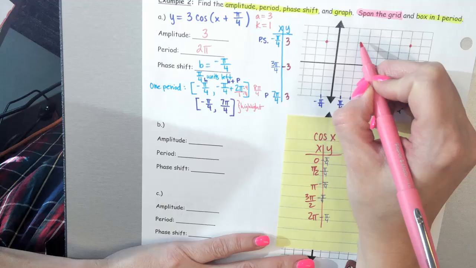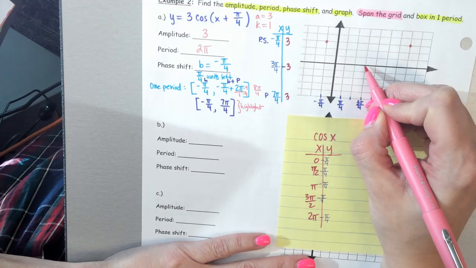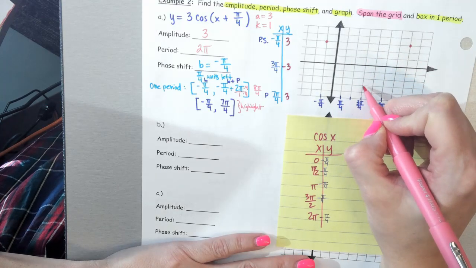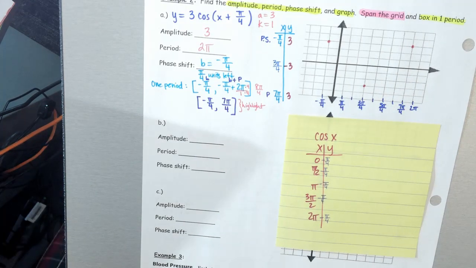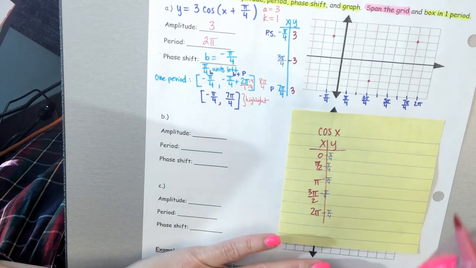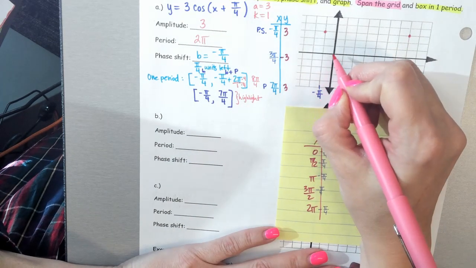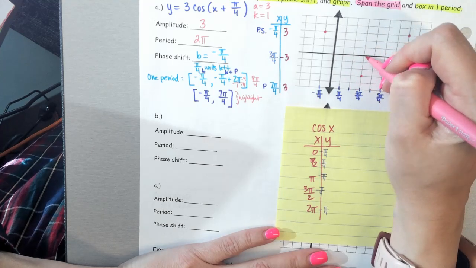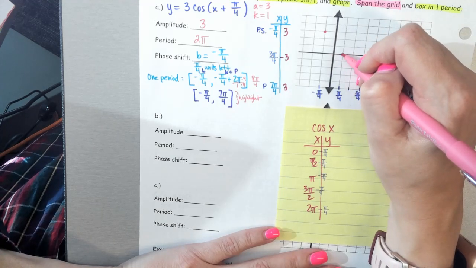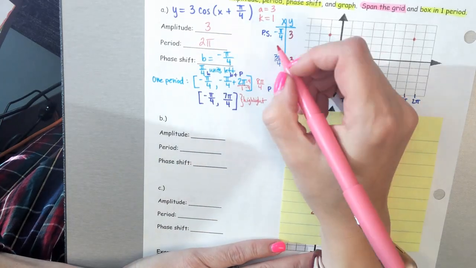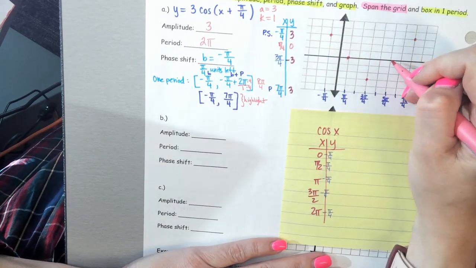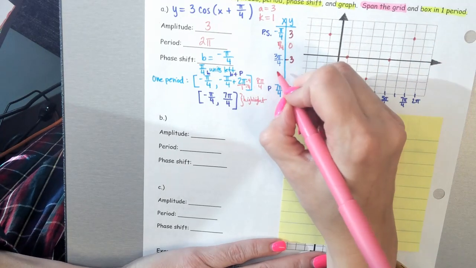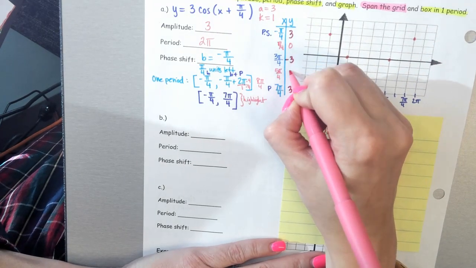So 4 units is 3 pi over 4, and that's going to be at negative 3. And then you can find the halfway mark between those two. Halfway in between is 2 units, and that's at pi over 4. So at pi over 4, you're at 0, and at 5 pi over 4, you are at 0.